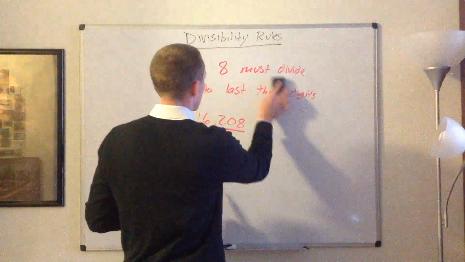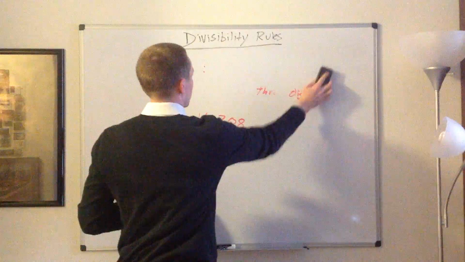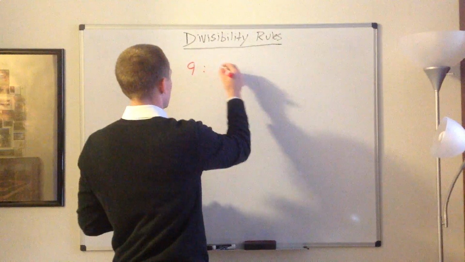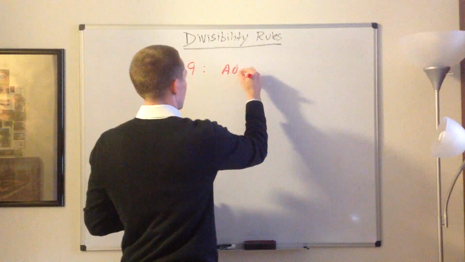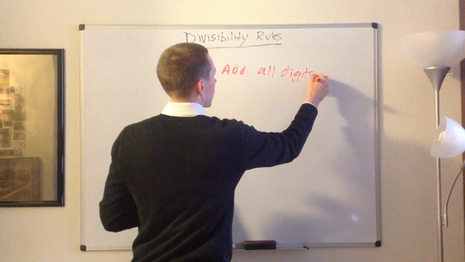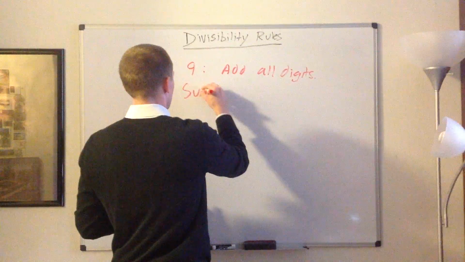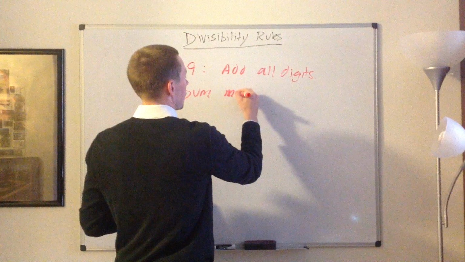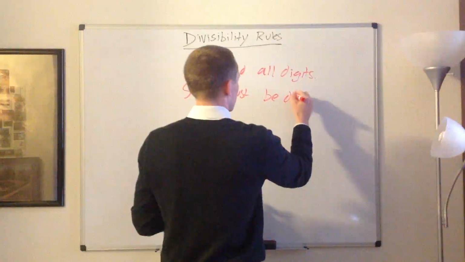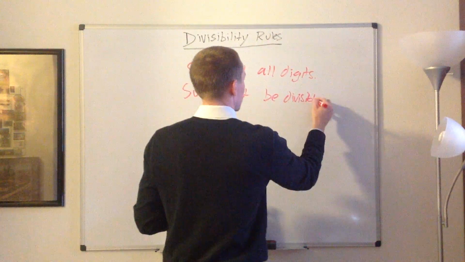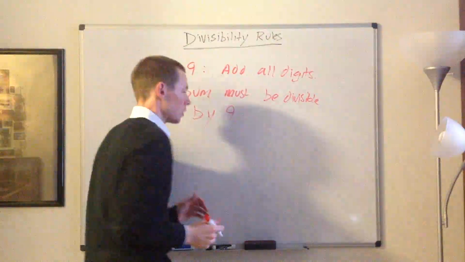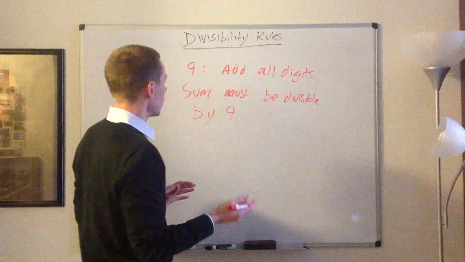And lastly, for 9, 9 is similar to 3. Add all digits. The sum must be divisible by 9. So let's take a look.